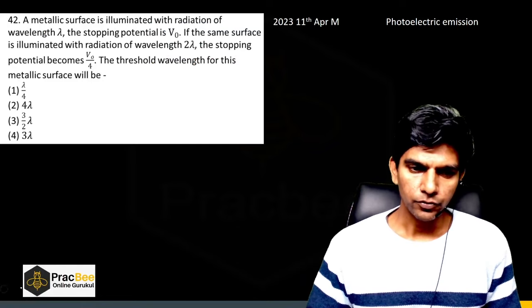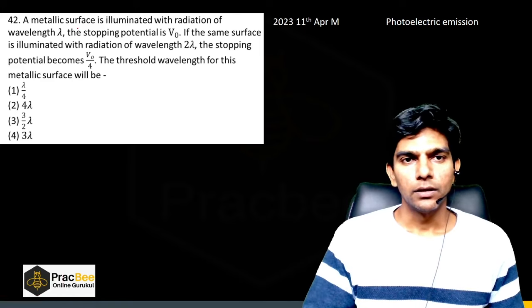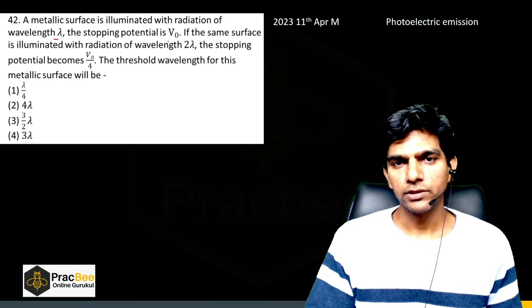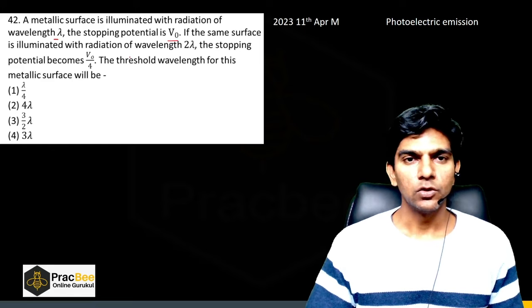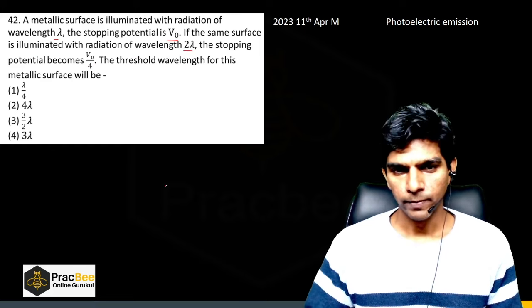Whatever formulas we have seen in the photoelectric effect, we are going to apply here. A metallic surface is illuminated with a radiation of wavelength lambda and the stopping potential is V naught. If the same surface is illuminated with a radiation of wavelength 2 lambda, the stopping potential becomes V naught by 4.